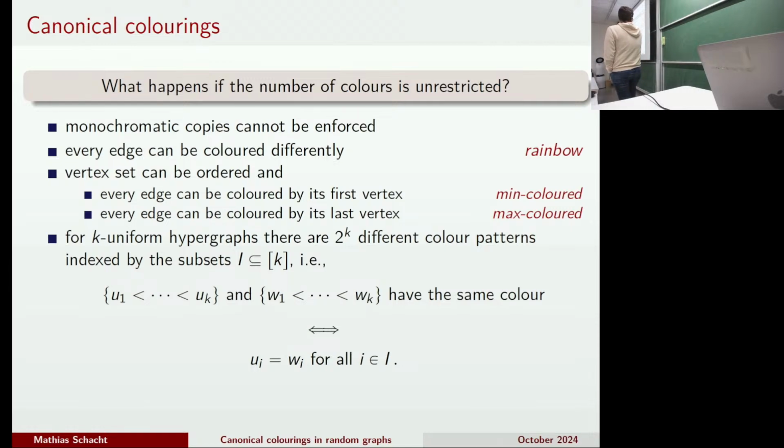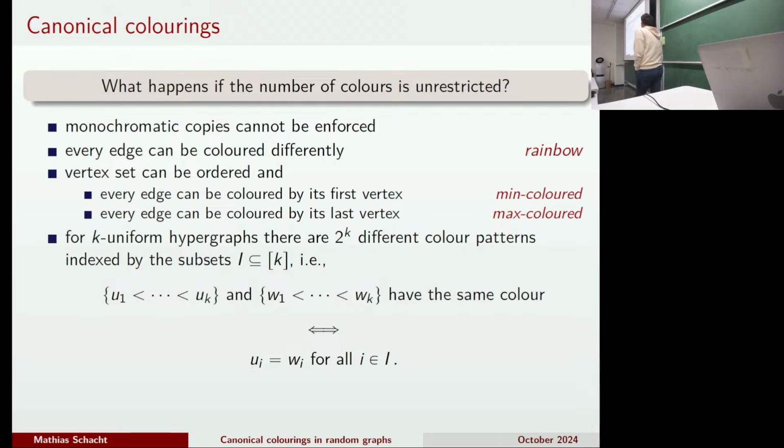For hypergraphs, the thing is a little bit more general. Let me just quickly mention it because this is not always taught, but I think it's good to know anyway. If you have a k-uniform hypergraph, then there are 2^k different canonical patterns. The right generalization of all these 4 patterns, rainbow, monochromatic, min and max colored, is this concept.